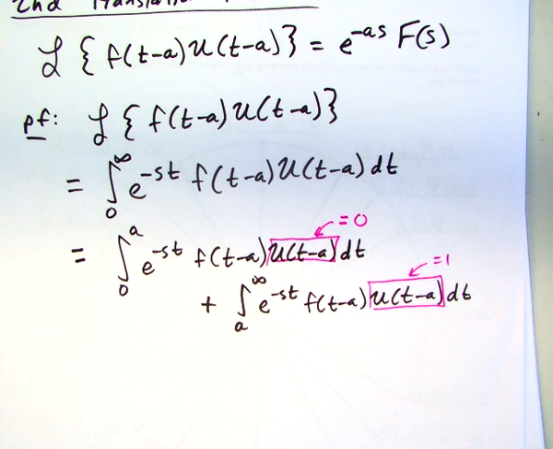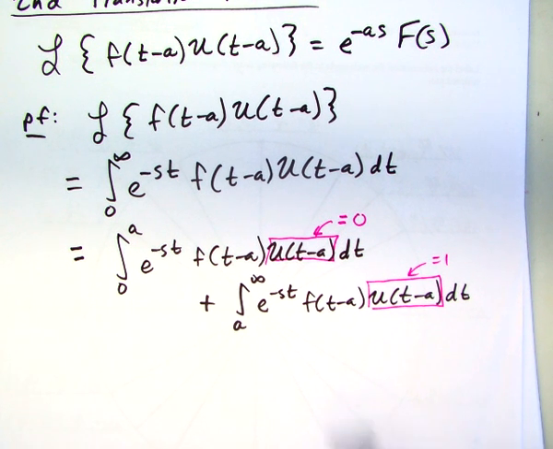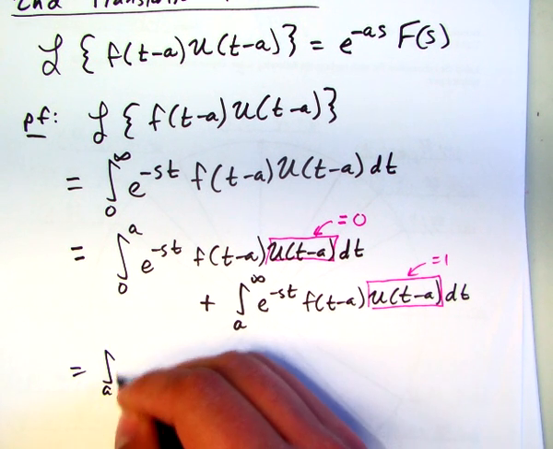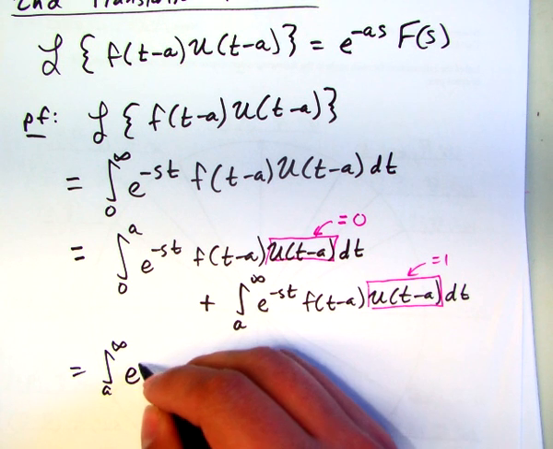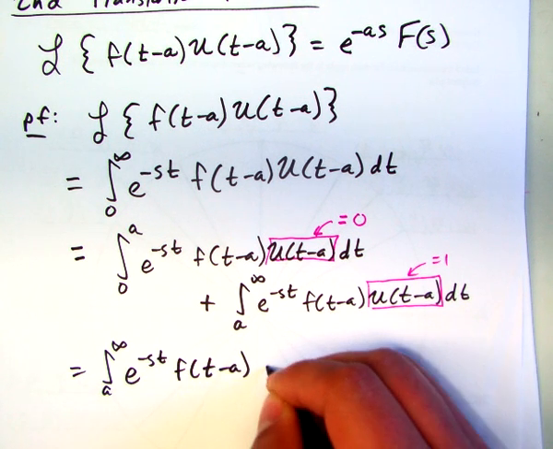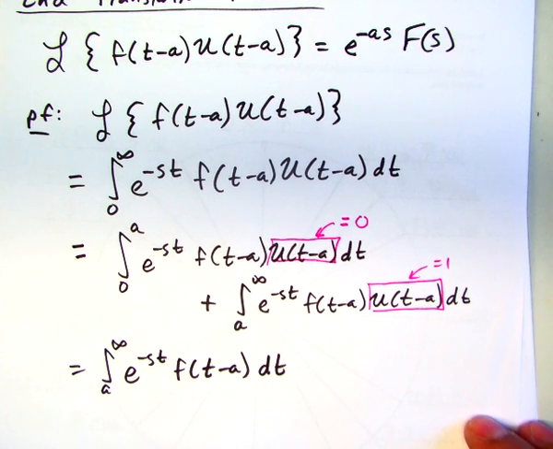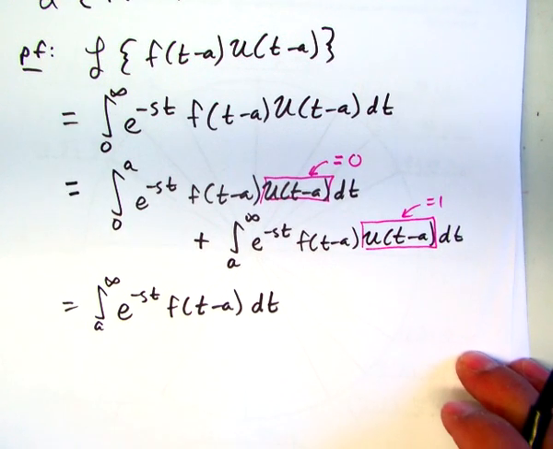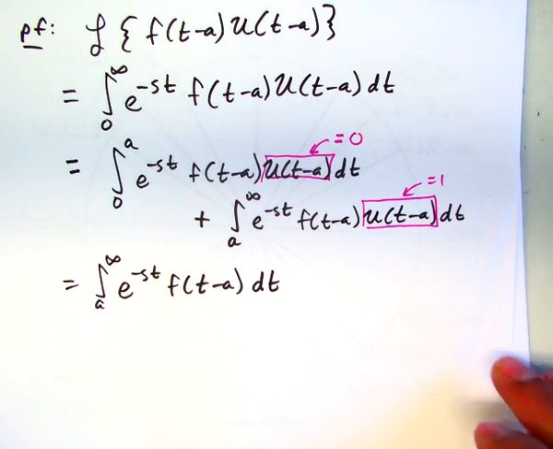So then all we have is the integral from a to infinity of e to the minus st f of t minus a.